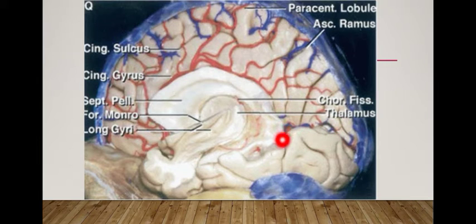I'm not going into its detail, but just one thing I'm going to tell you is this fissure, this is the parieto-occipital fissure or parieto-occipital sulcus that I previously told you continues on the lateral surface for a brief distance. This parieto-occipital sulcus meets with the calcarine sulcus in a Y-shaped configuration, and beneath it, this whole part is the occipital lobe, and it separates the parietal and occipital lobe on the medial surface.